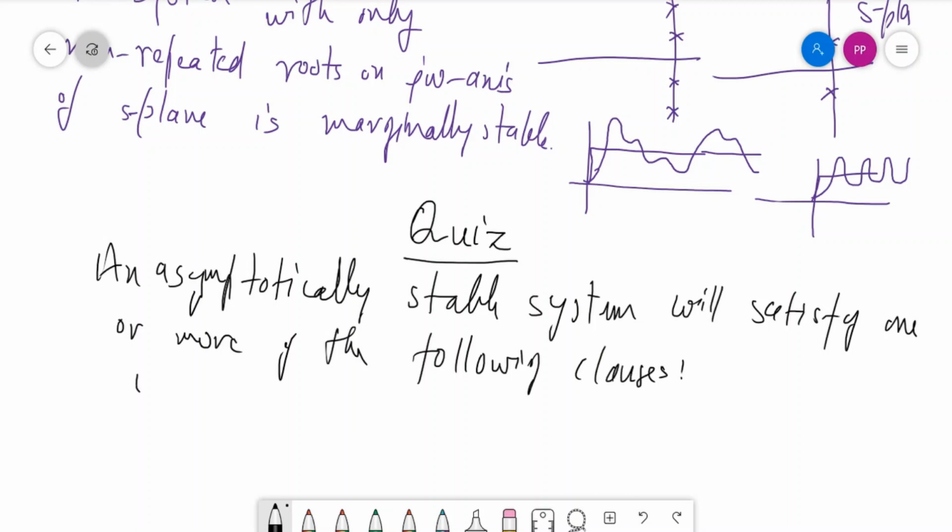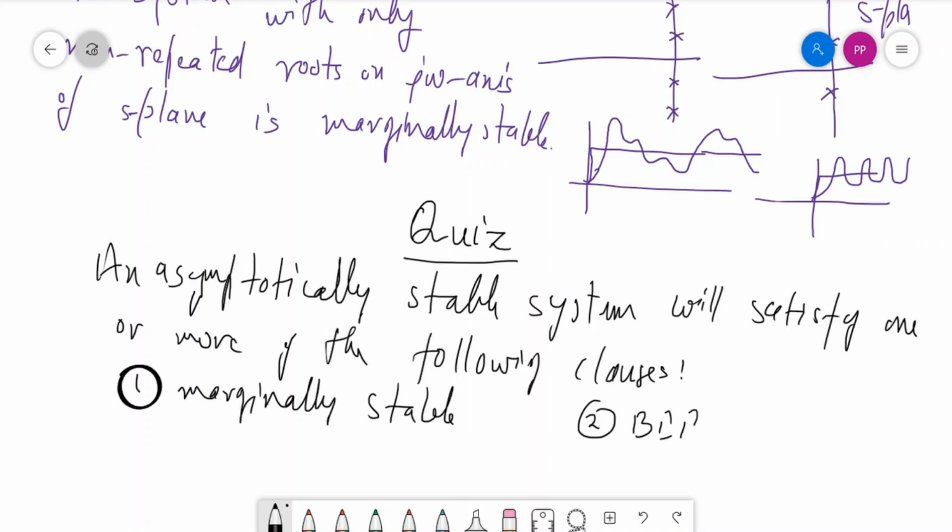Number one is marginally stable, meaning whether the system is marginally stable or not. Second, BIBO stable.